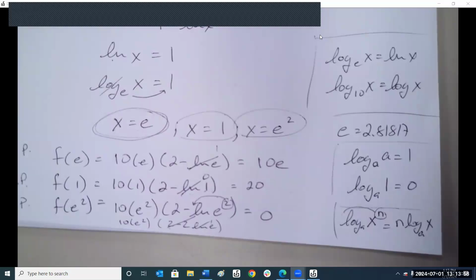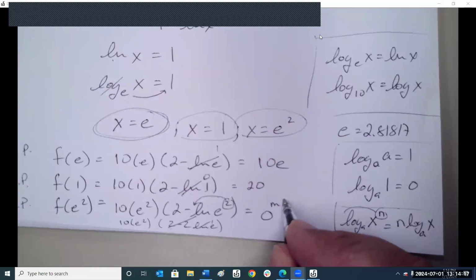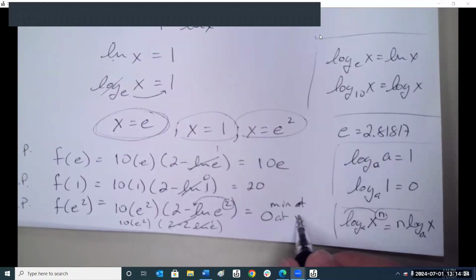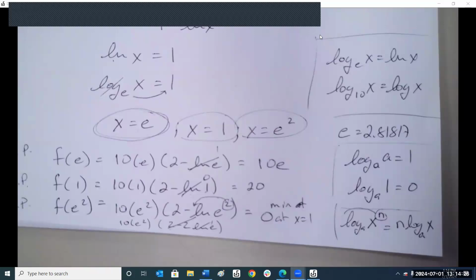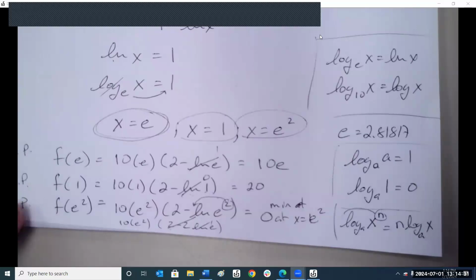So do we have a maximum or minimum? 0 is the min. So we have a min of 0 at x equals e squared.